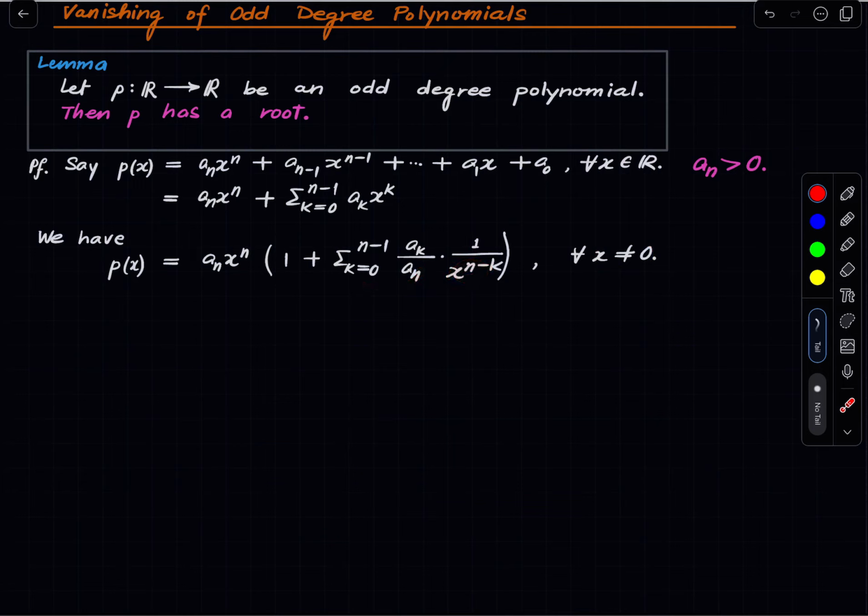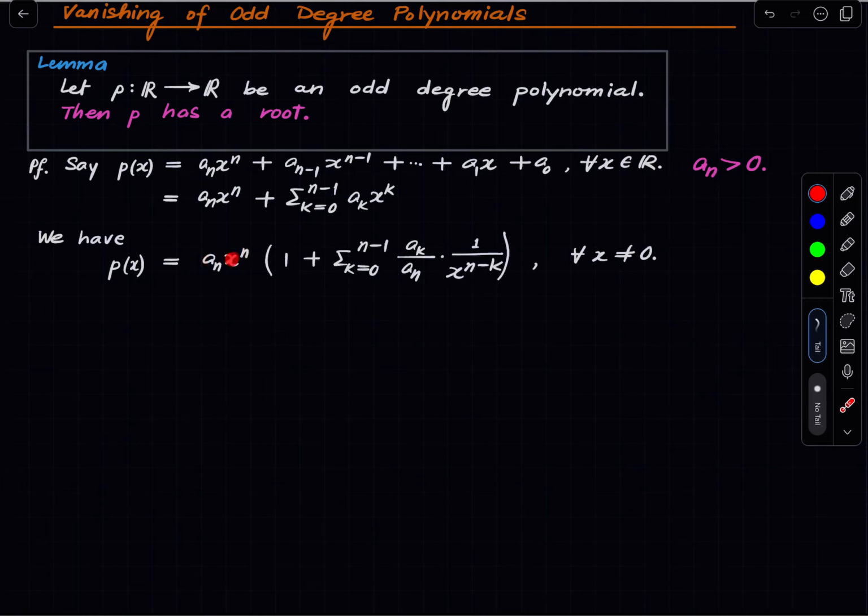Now the point is the following. If x is very large, this term kind of doesn't really matter. It becomes very small. If x is big, this is very small, therefore this is very small. So the large scale behavior of the polynomial is controlled only by the leading term, is all that this proof is about. If you feed large positive numbers here, you get something positive, definitely.